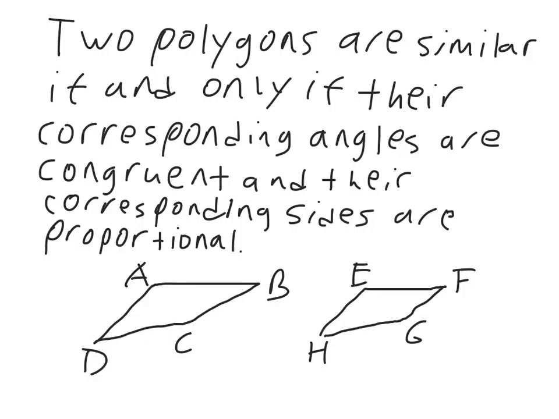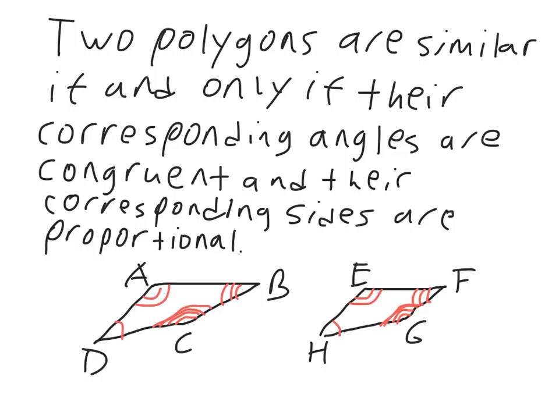So that means, in this case, D has to be congruent to H, A congruent to E, B congruent to F, and C congruent to G. I know that's lots of lines, but 4 angles, each congruent to 4 different angles. So 1 line, 2 lines, 3 lines, 4 lines.